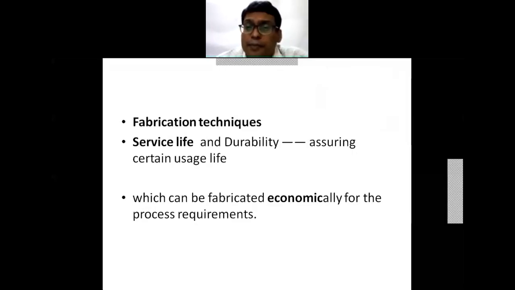Then the different fabrication techniques that we will be discussing in detail. Then what will be the expected service life, that is your durability, assuming a certain usage life, say 10 years, 20 years, or 50 years, depending. If you talk related to the refineries, its service life is expected to be 50 years and more than that also.